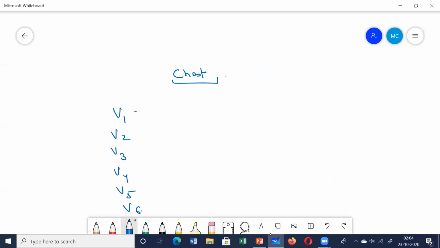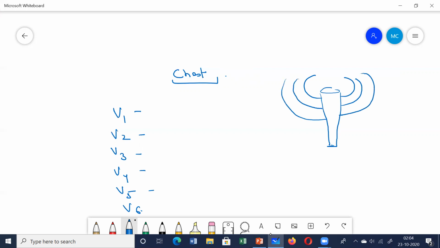So where are the chest electrodes present? Let us just say, a schematic diagram. Let us say this is the first rib, the second rib, third rib, fourth rib, fifth.